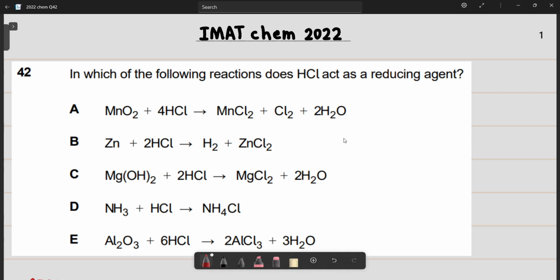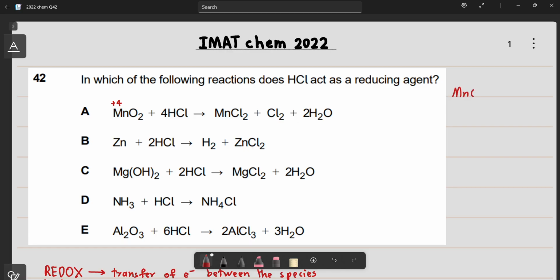Before we solve this, we must know the oxidation state of each of these elements in the compound. The main element I'm going to focus on is manganese. It's going to be plus 4. How do I calculate that? It's easy.